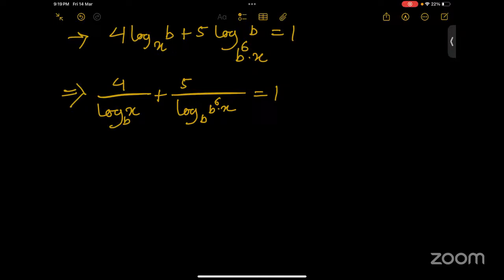Anything? Yeah, I'm in process. Are you finding any value? It's a long process, madam. Yeah, I'm trying to find. Long process, right? So finally you will arrive at maybe a quadratic equation. Then you have to solve that quadratic equation.